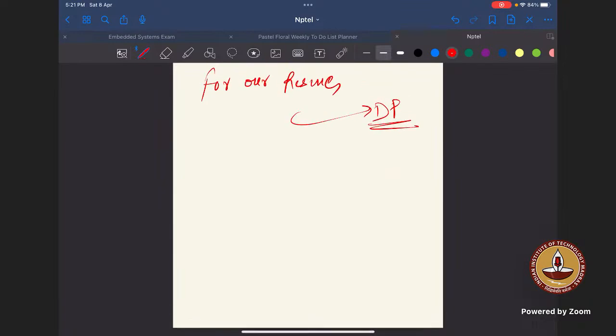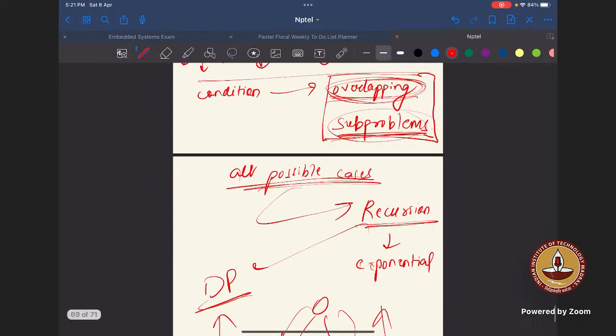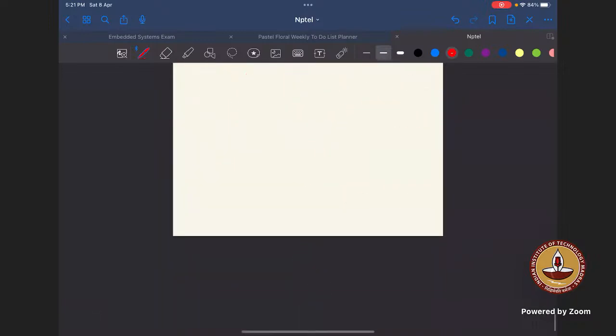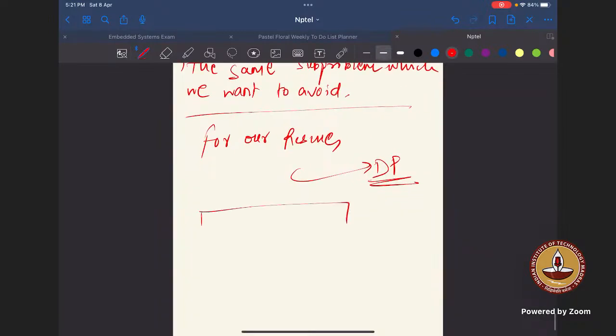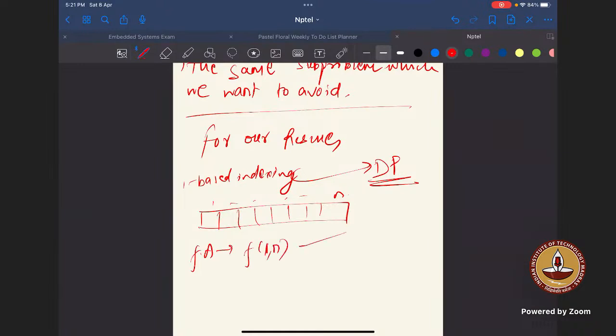Okay, so let's say we have our array. Let's consider one based indexing from 1 to n. So our final answer, which was f of 1 comma n, was dependent on two factors, f of 3 comma n and f of 2 comma n, right?